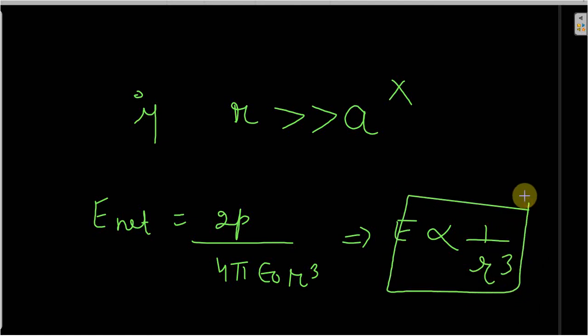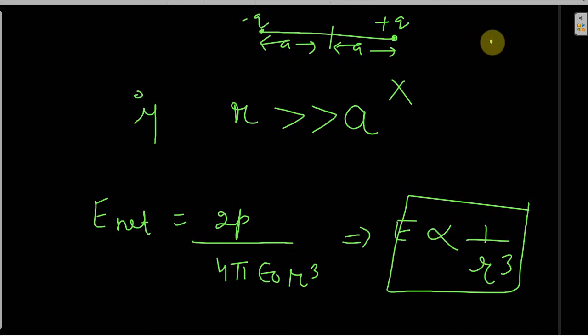You can see this thing, because earlier this is minus q, and this is your positive q charge. This is a distance and this is also a distance, and we want to find the electric field at point P. This was our problem. So now if we are moving P away, so what will happen? This is distance r.